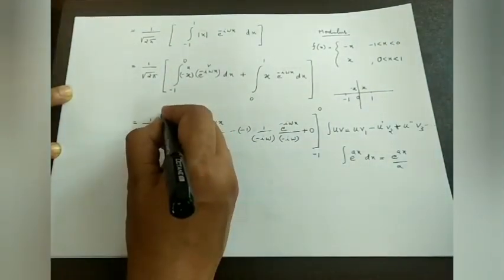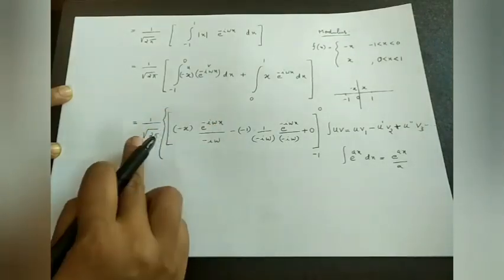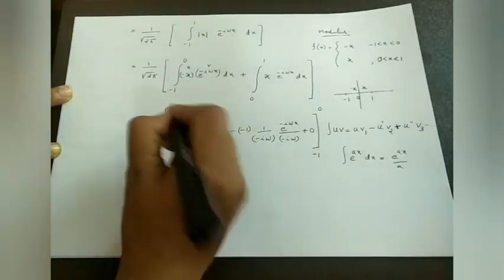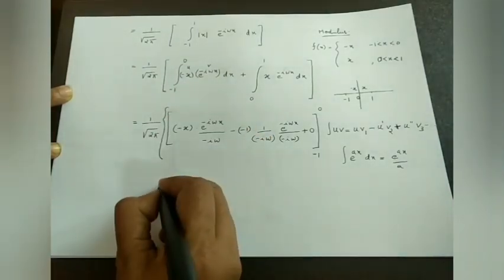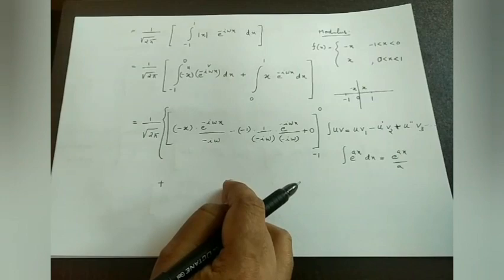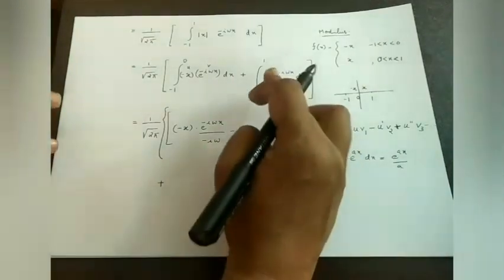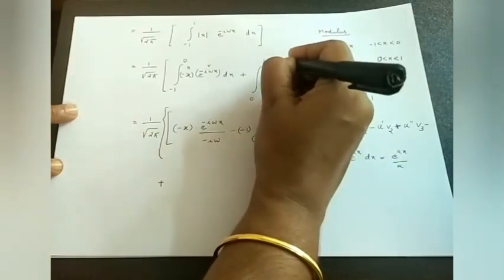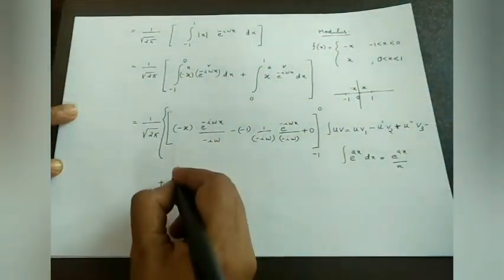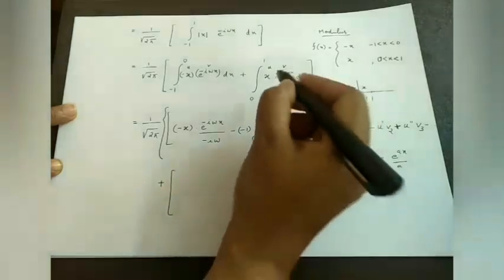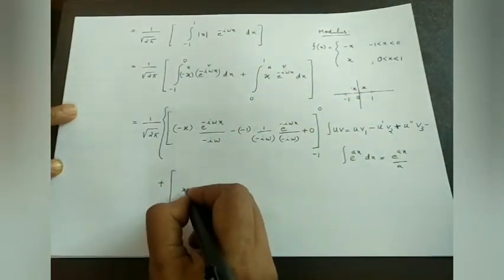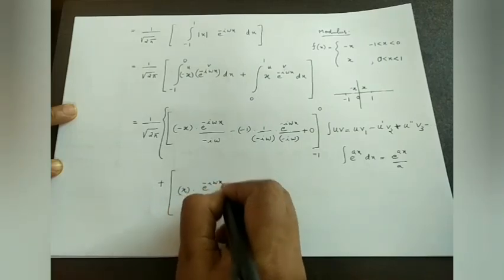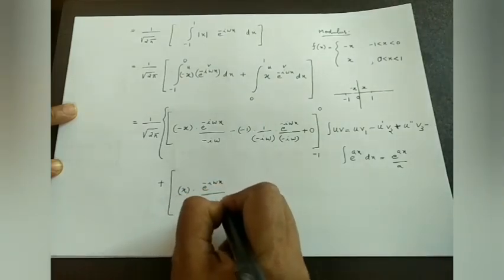Okay. Since 1 by root 2 pi is a common term for both the integrals, I will apply a bracket like this, then plus. Then similarly we can do for x e raised to minus I omega x, in integral uv form. First function, that is x, integral of the second e raised to minus I omega x by minus I omega.